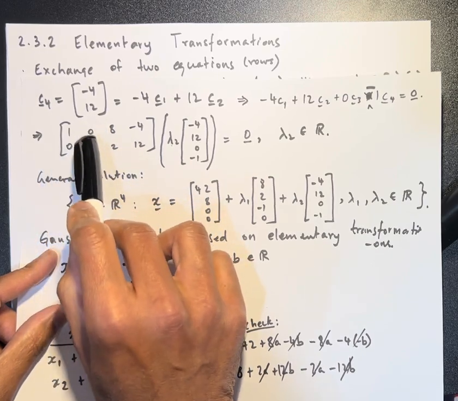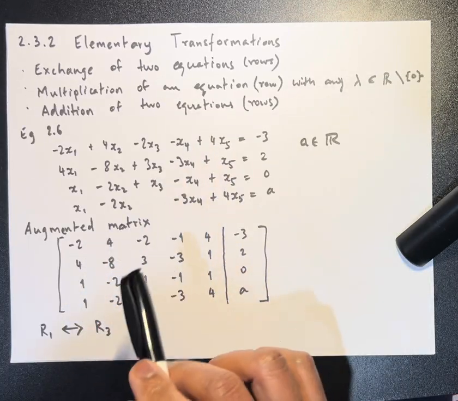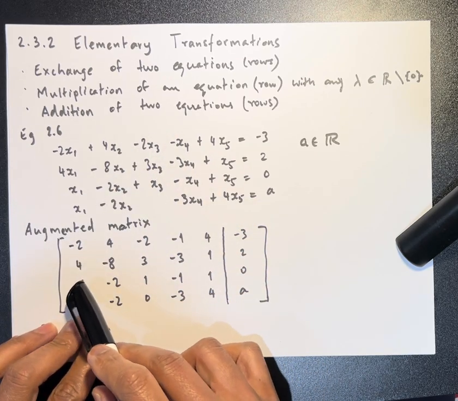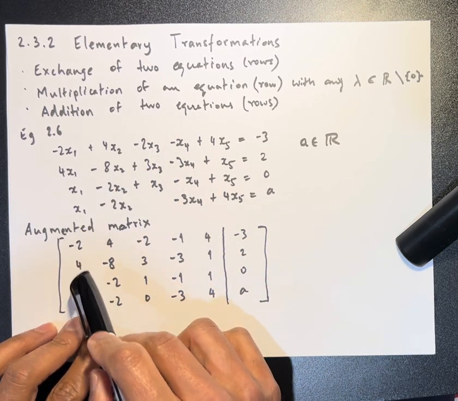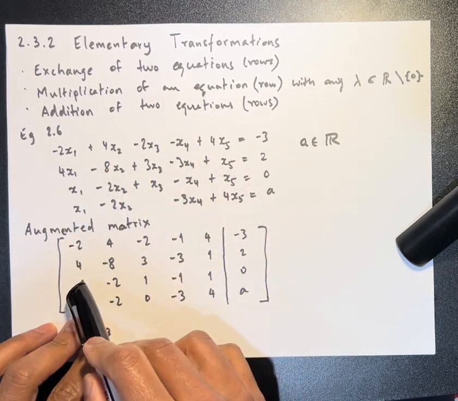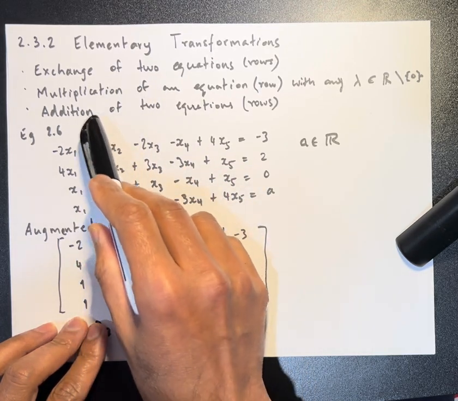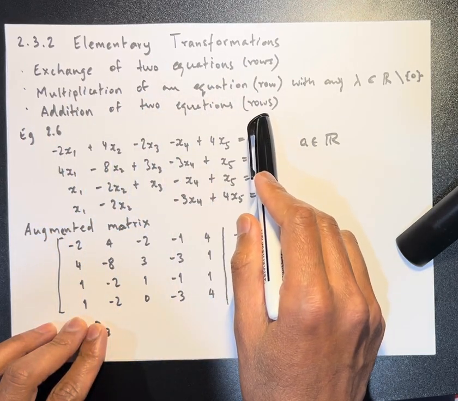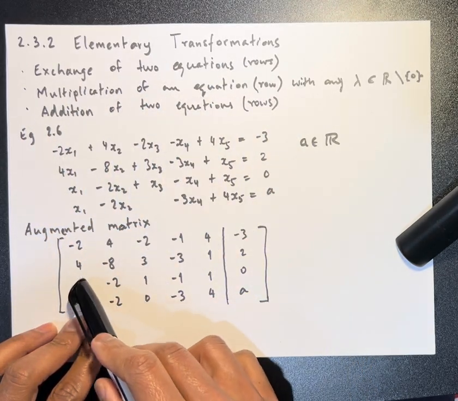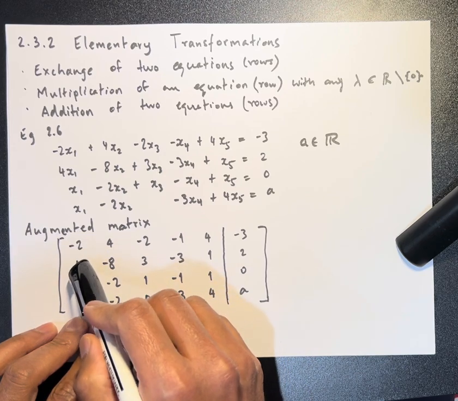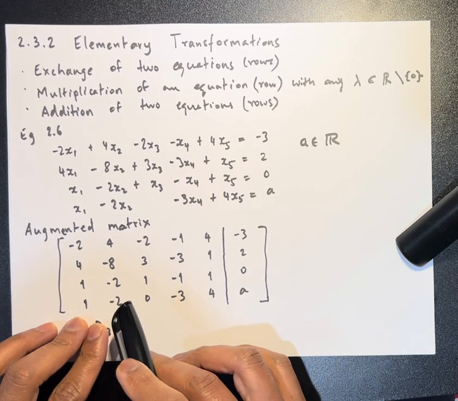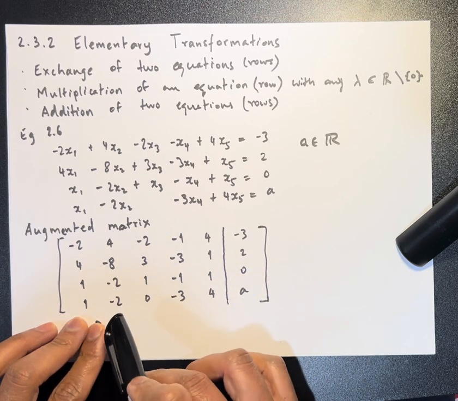This kind of form is useful and helps us solve the equations more easily. So we want to get a 1 at the top here through elementary transformations, and then strive to get zeros below it, so we get that identity matrix kind of form. That's the general idea.